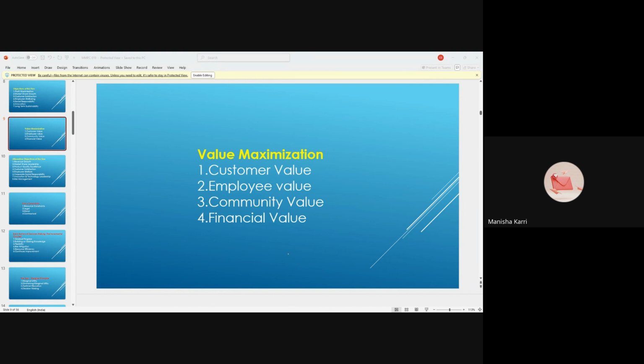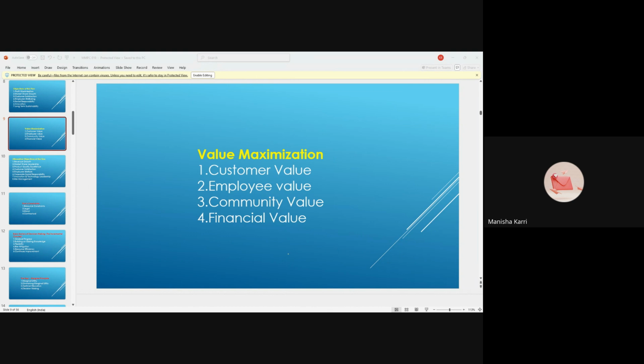While profit maximization focuses solely on maximizing the financial returns to the shareholders, value maximization considers the interests of the stakeholders, including shareholders, employees, customers, suppliers, and the community.